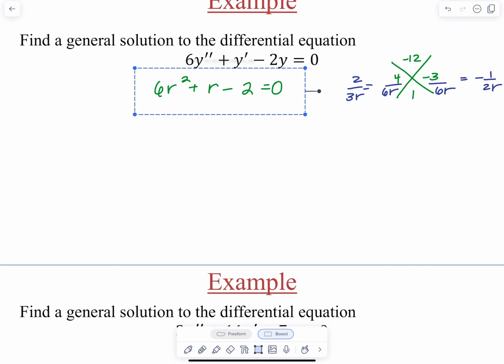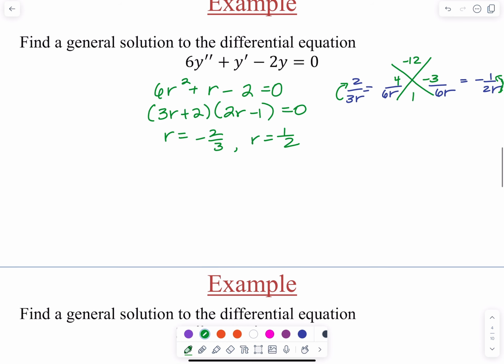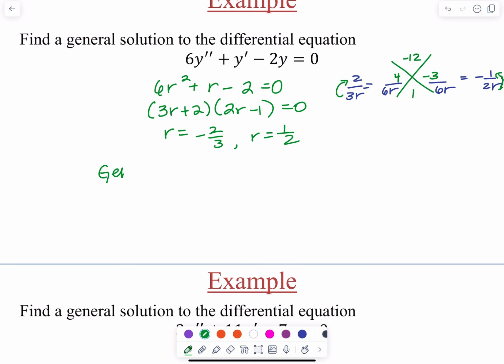Okay. So that leads us to 3r plus 2 multiplied by 2r minus 1 is equal to 0. So we have r equals negative 2/3 and r equals 1/2. Therefore, the general solution, and we'll just put r1 and r2 here.